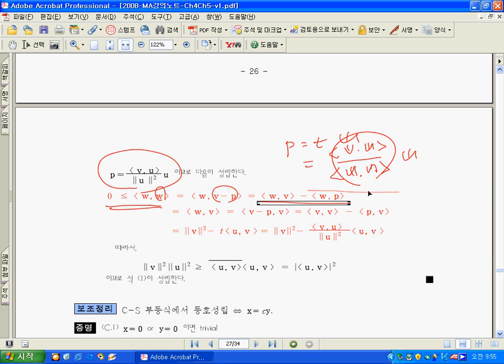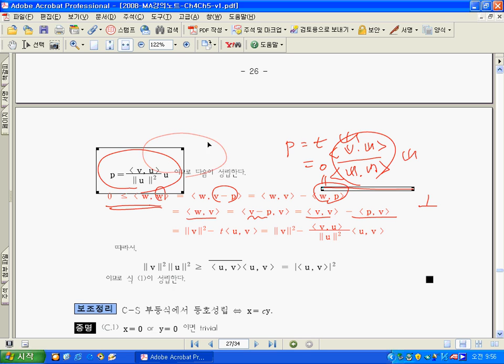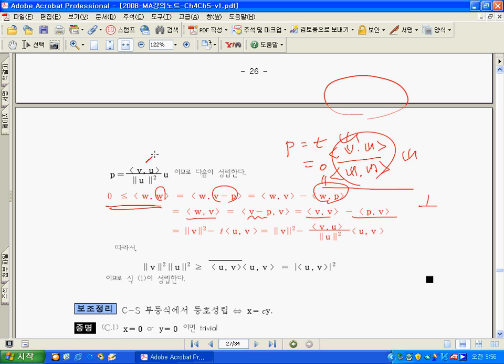Then this is 0 because they are orthogonal. So we have this. Now W is equal to V minus P, so we can split it this way. And P is equal to this. We just replace it there. Then we have this, which is TU.